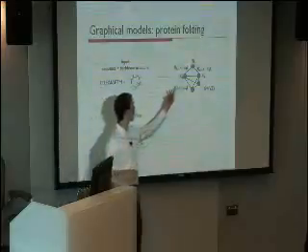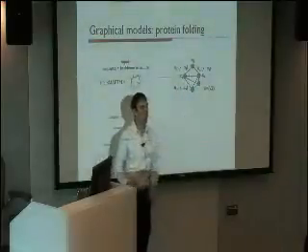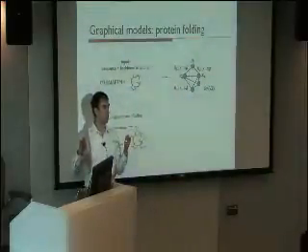So in particular, for each edge in the graph, the model will define a real valued potential function, which is defined over every pair of states that the two variables could be in.